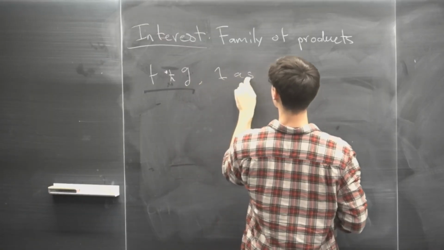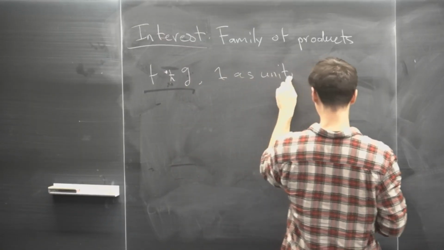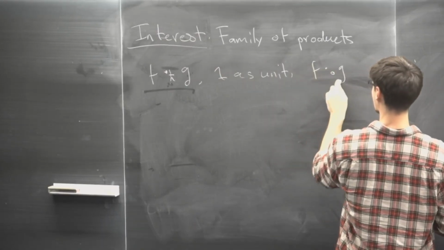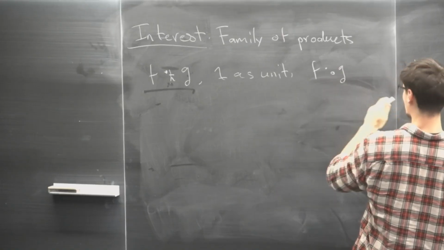1 is the unit, and F0(f,g) is the regular pointwise commutative product.